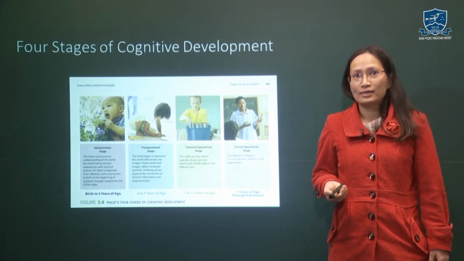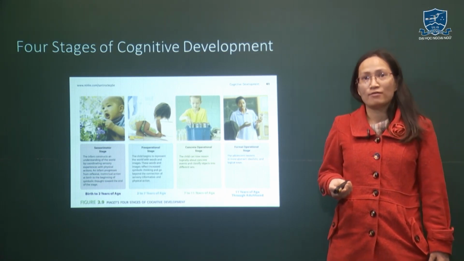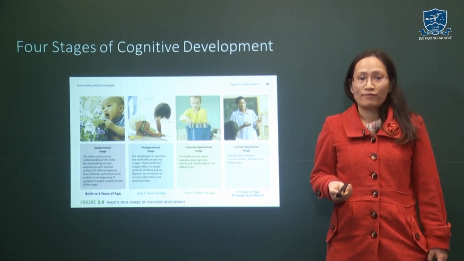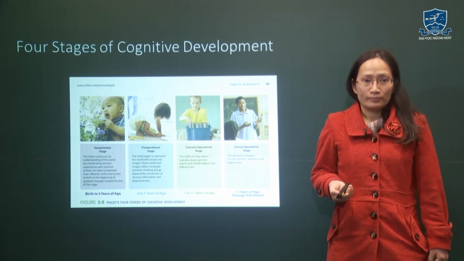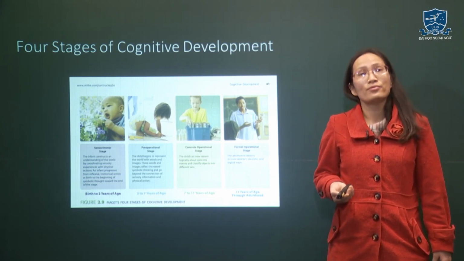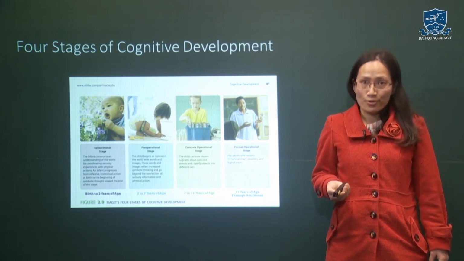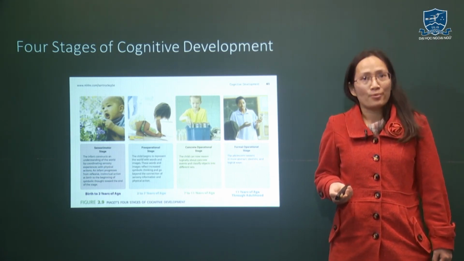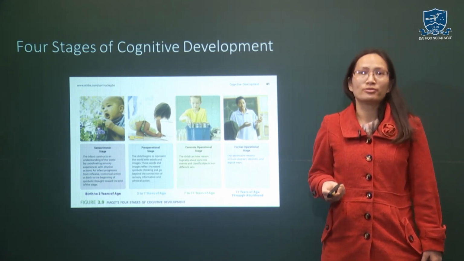As you can see here, in his view, there are 4 stages of cognitive development, namely sensory motor stage, pre-operational stage, concrete operational stage, and formal operational stage.